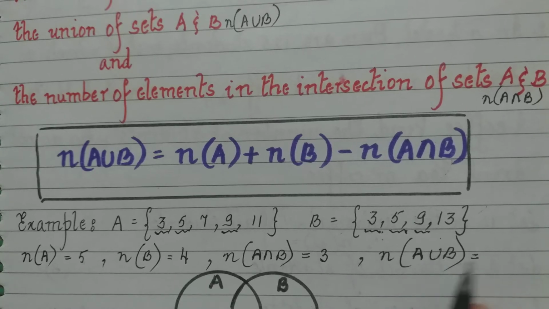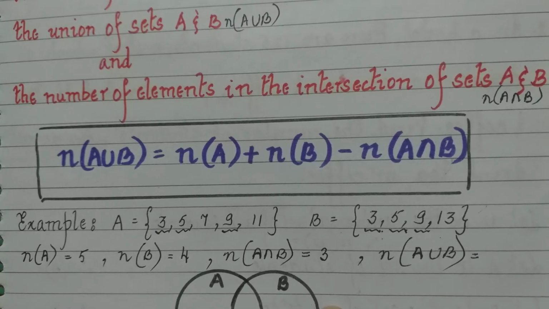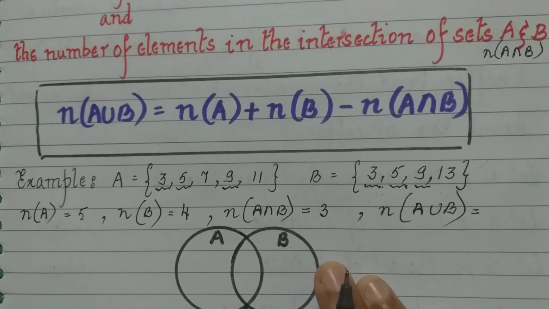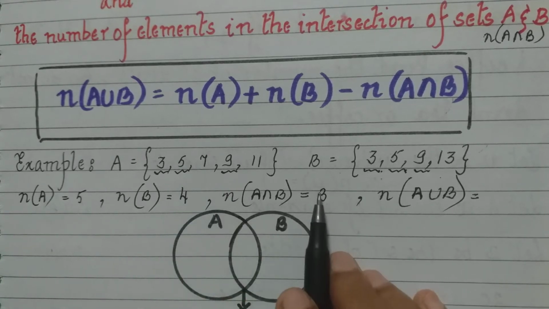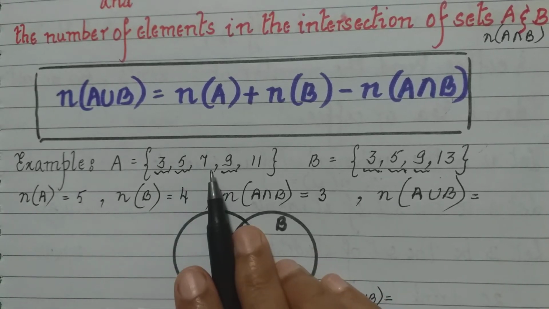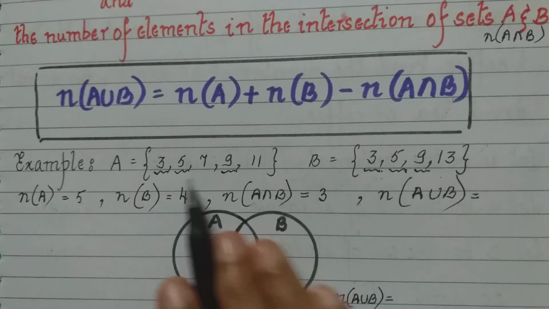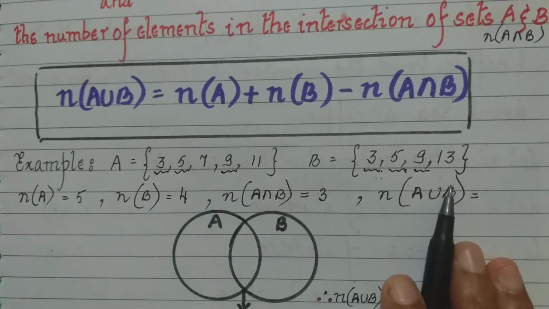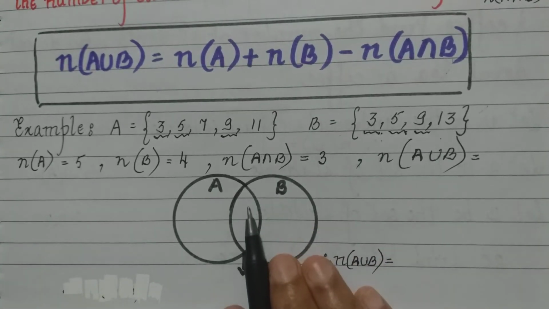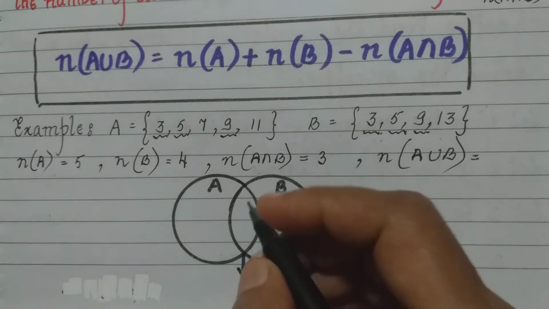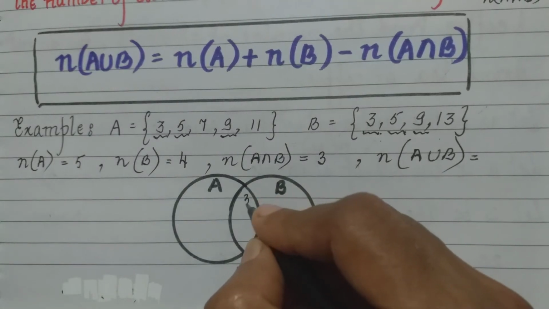Now let us see whether from these we can find out n of A union B. First let us put the elements in this Venn diagram. First we see which are the common elements. 3, 5 and 9 are the common elements present in both set A and set B. Therefore, they will be present in this overlapping region.